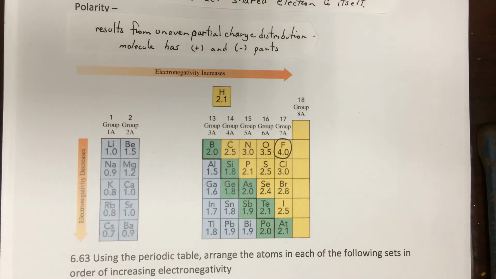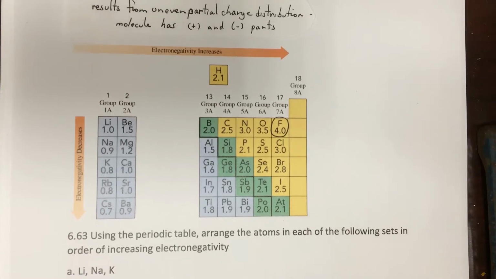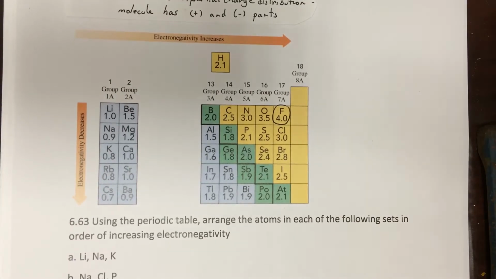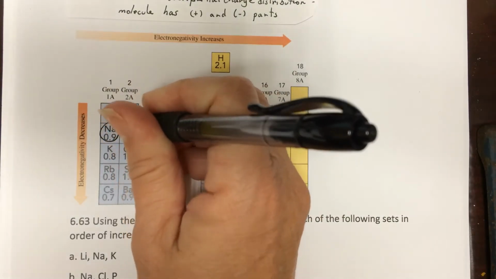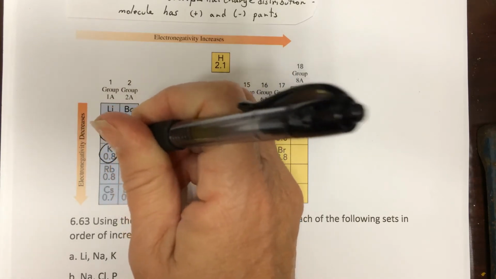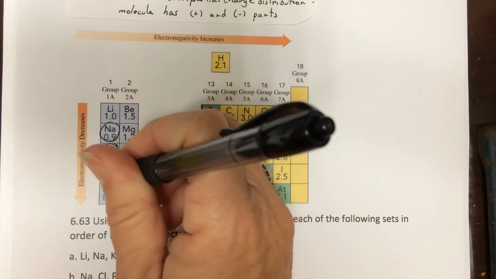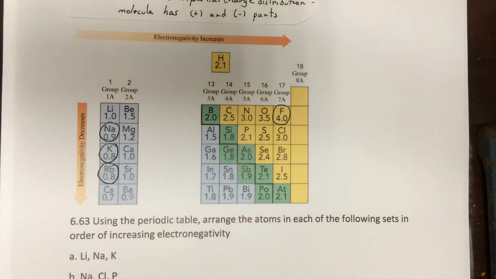We can use the periodic table and Linus Pauling's numbers to arrange the atoms in increasing electronegativity. So if we have lithium, sodium, and potassium, we see that these are all in a column and that the electronegativity decreases as we go down the column.